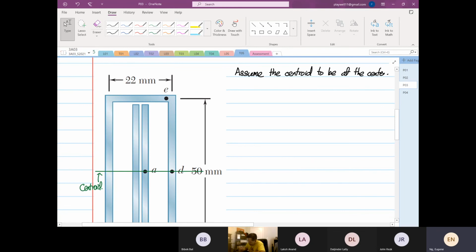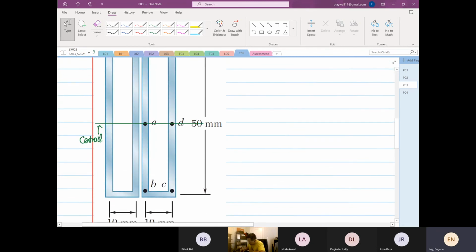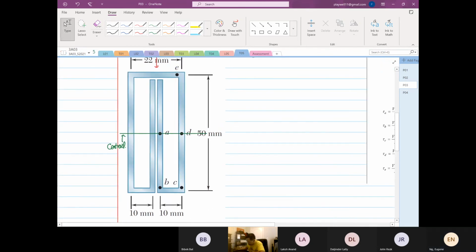Then we are told that we have a shear force Vy. Then I'm going to draw the axis of the shear force. So this is the axis of the shear force.